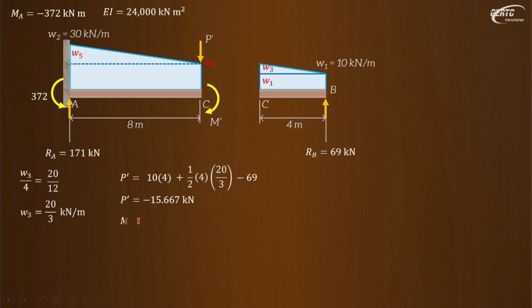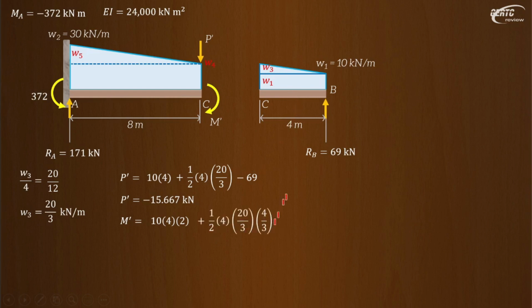And then for the moment, assuming clockwise positive as shown here. Here we assumed downward positive because this is how I assumed it to be acting, downward. So clockwise positive, that will be 10 times 4 times 2, plus 1/2 times 4 times W3, 20 over 3, times the moment arm, which is 1/3 of 4.